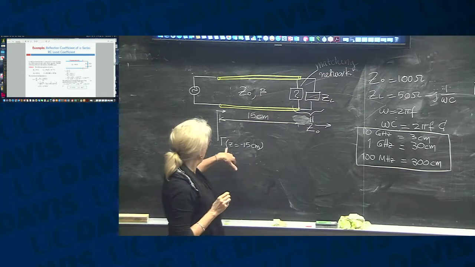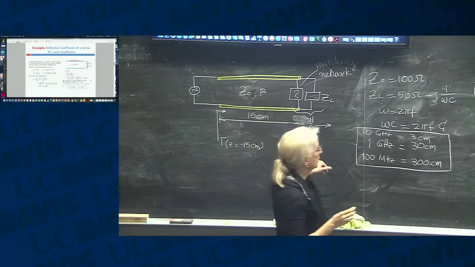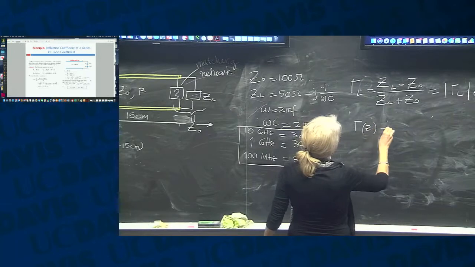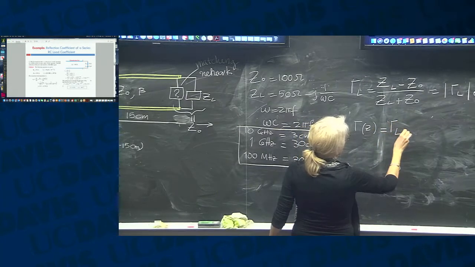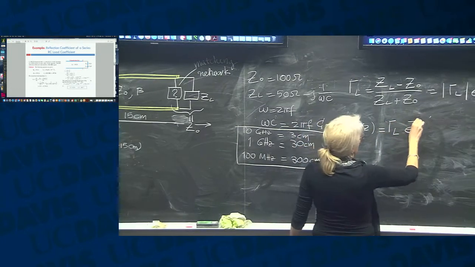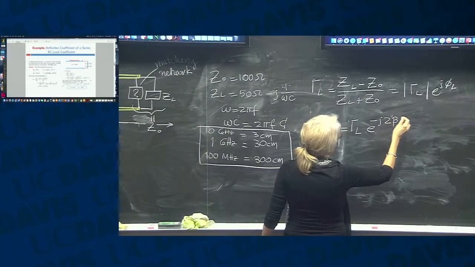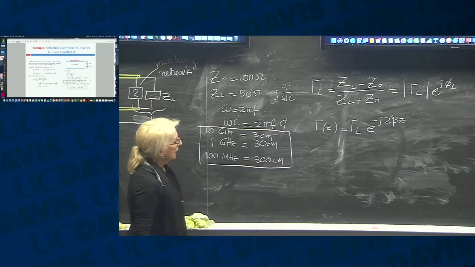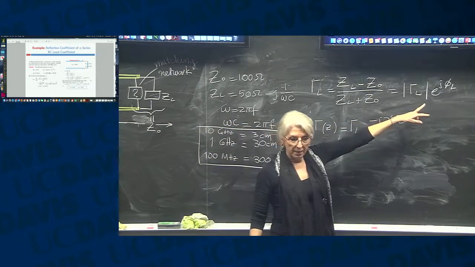Do you remember the formula for gamma of z? How much is gamma of z? It was gamma L times what? Gamma L has already a phase in there.